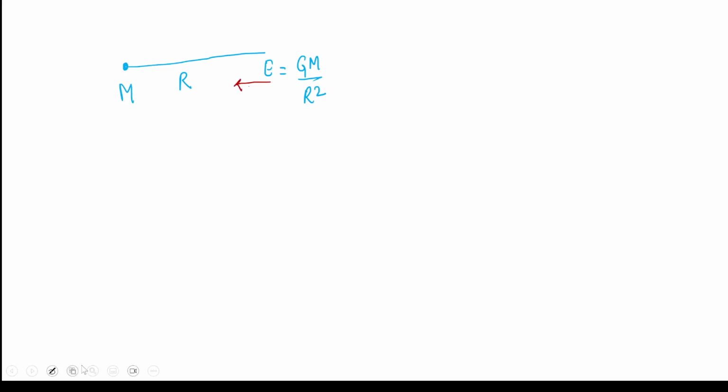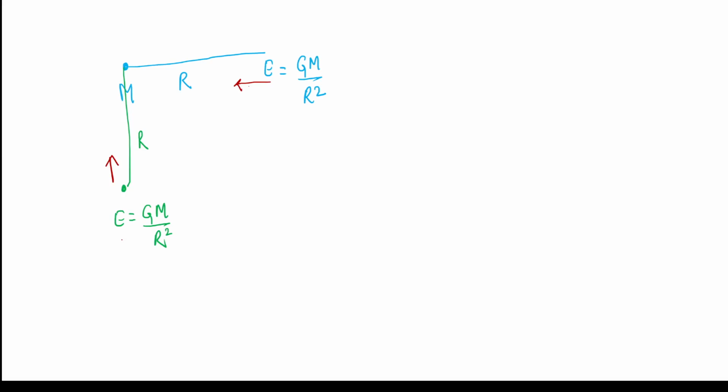Now suppose I want to find the gravitational field strength at this point here, at the same distance r. The distance is not changing, so the value will not change. GM over r squared: G is not changing, the mass M is not changing, r is not changing, but the direction would be in the upward direction.